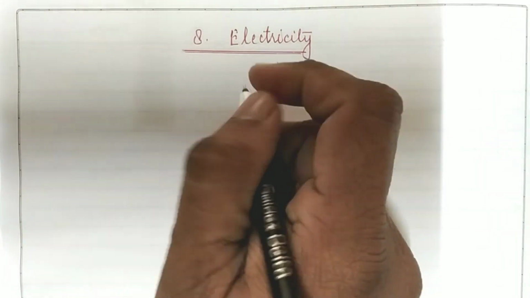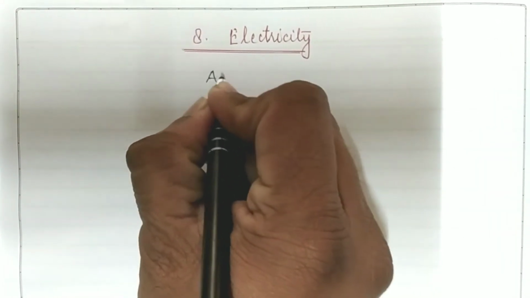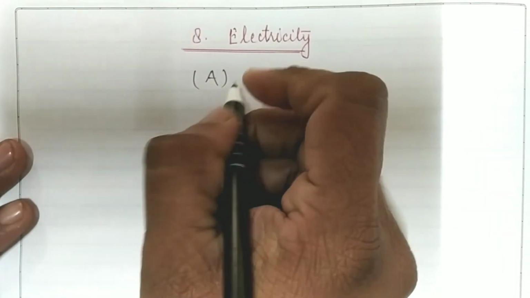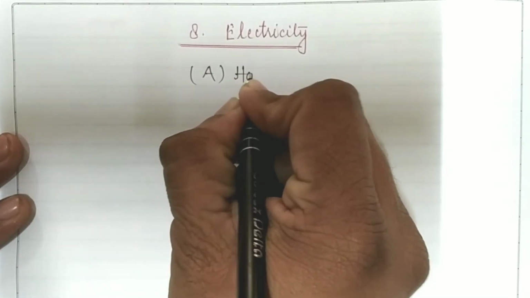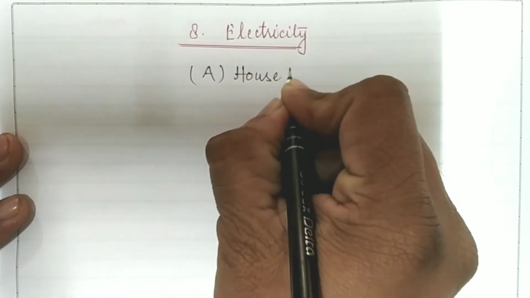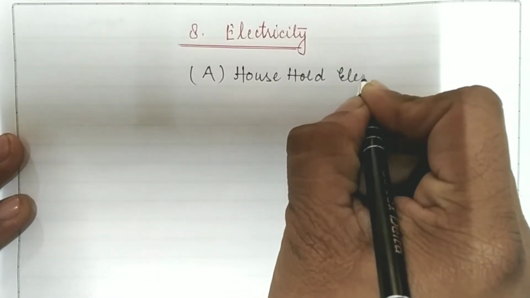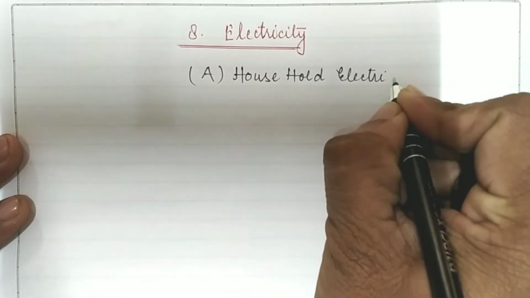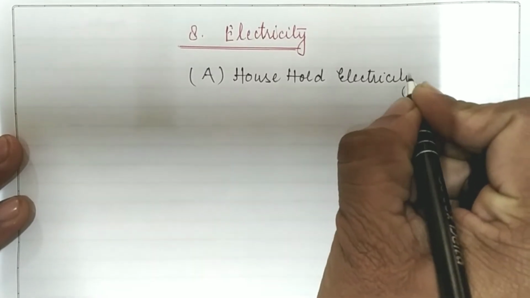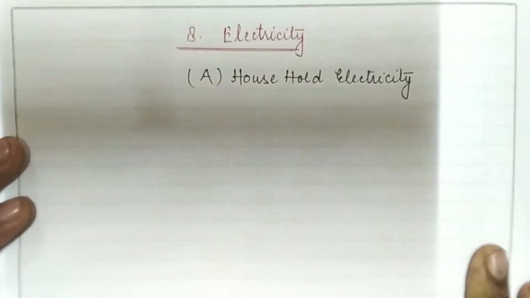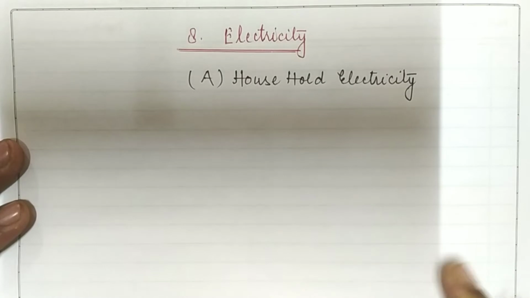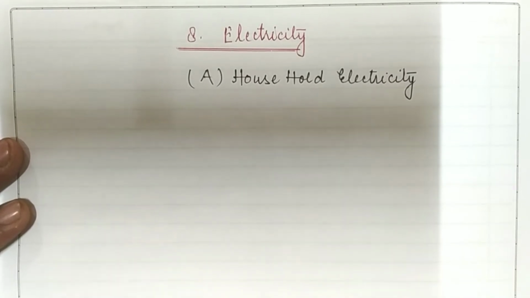So children, first we are going to state household electricity. What do you mean by household electricity? Children, in our daily life we are consuming a certain amount of energy. So how does this energy come to our house?